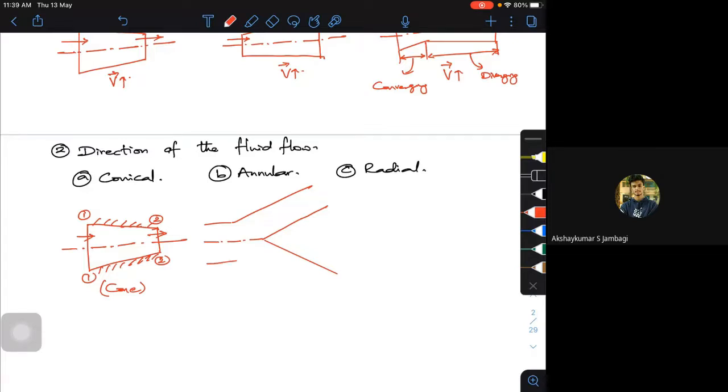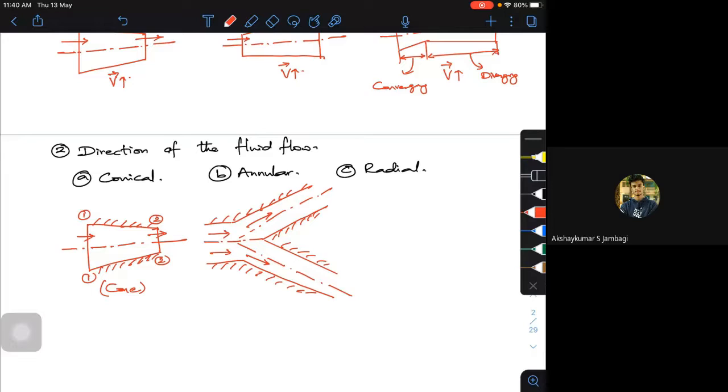This is the axis for this branch, and this is an annular kind of a thing. Everything is insulated, the casing is insulated. Fluid will enter like this and get into one branch. So this is an annular kind of nozzle.